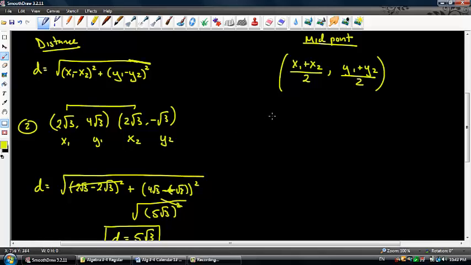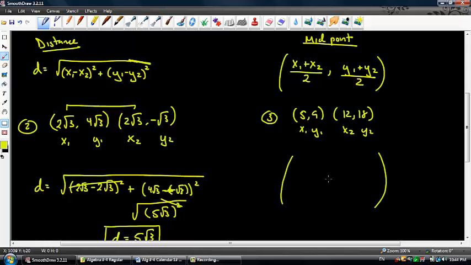So let's take a look at example 3 here. We're going to find the midpoint between 5, 9 and 12, 18. So again, we just identify our parts. It's x sub 1, y sub 1, x sub 2, y sub 2. So I'm going to pump this into my midpoint formula here.